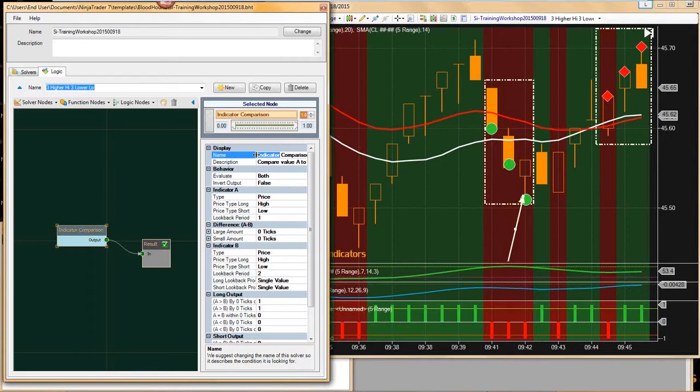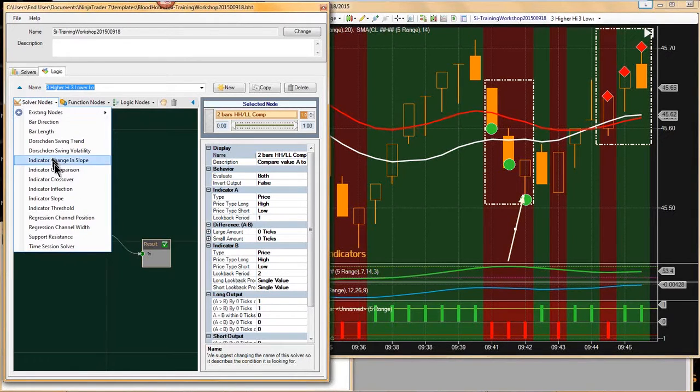Let's see, alright, so we got 2 bars with higher highs or lower lows. Alright, we got that one.